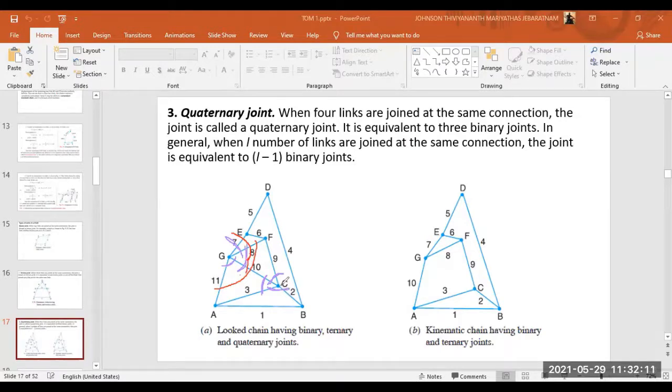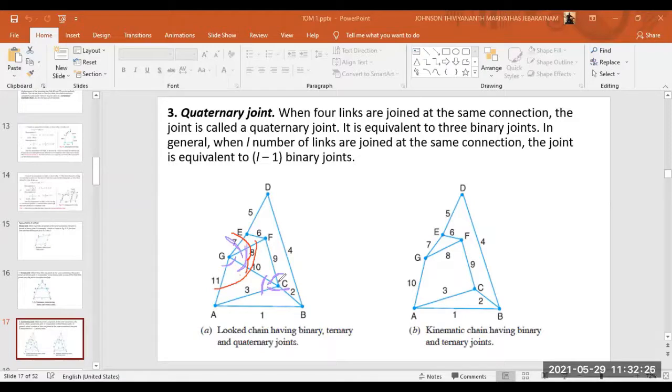Similarly, I can do here also, right? So a quaternary joint can be made into 3 binary joints or 2 ternary joints, right?